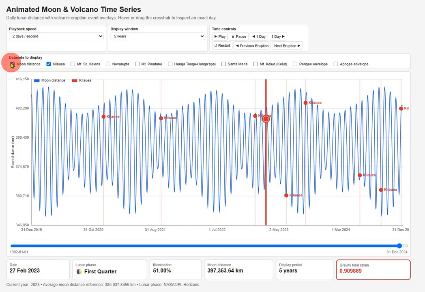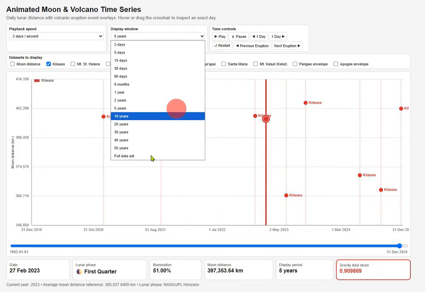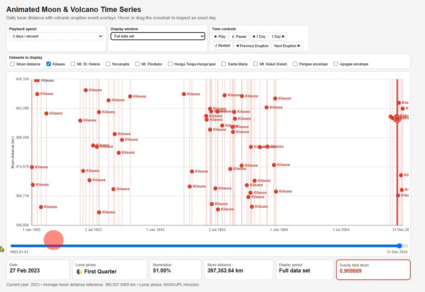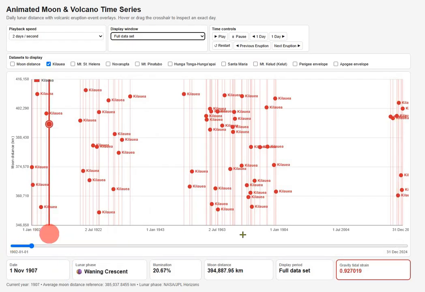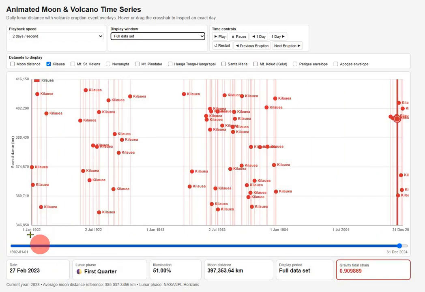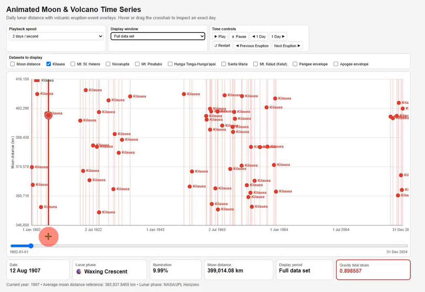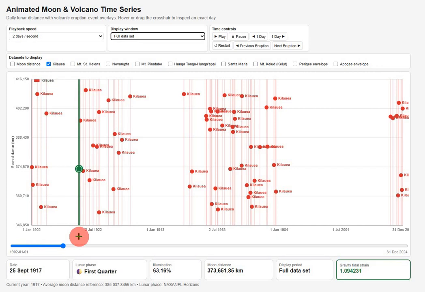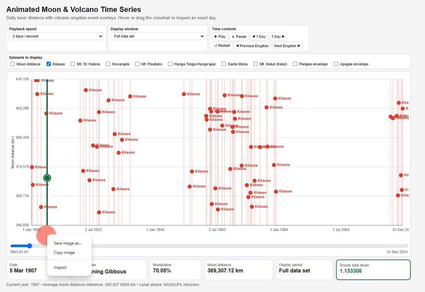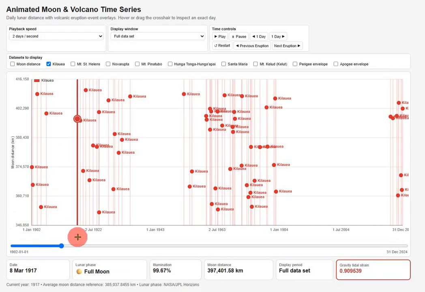I'm going to turn off this moon distance, and we're going to go to the full data set. I wanted to show for Kilauea in this 120-year period, starting at 1902, we had eruptions, probably part of a larger series of activity, that basically goes to 1906. So we got a 4-year period of eruptions. Then from about 1906-7 to 1917, we had a lull, about 10 years.